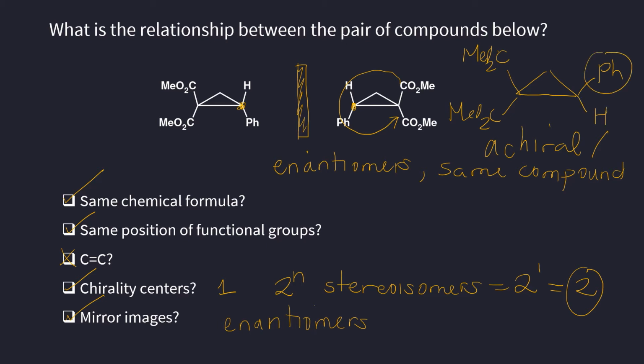As you can see, the Ph groups are not on the same side of the molecule, and therefore they are not the same molecule. They are isomers of each other, and therefore they are enantiomers.